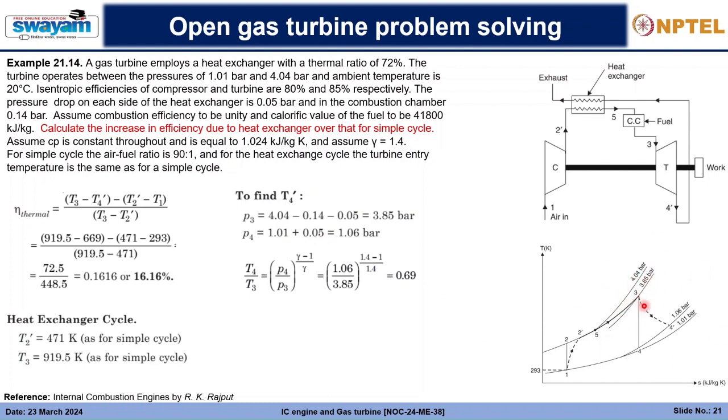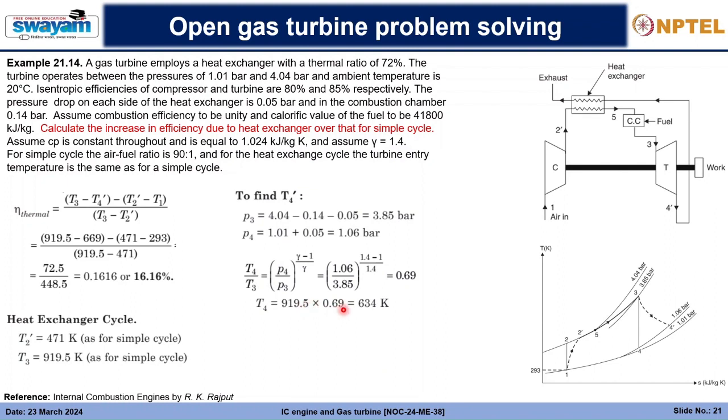Then we'll use the same path for the gas turbine out here. We know P3 and we know P4, and do we know the value of T3? We know the value of T3, since the cycle is the same, so the temperature would be the same: 990.5 Kelvin.